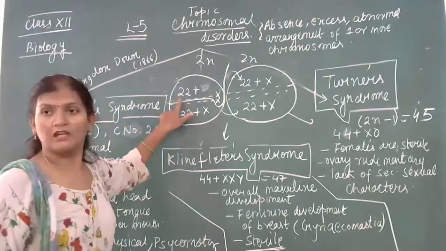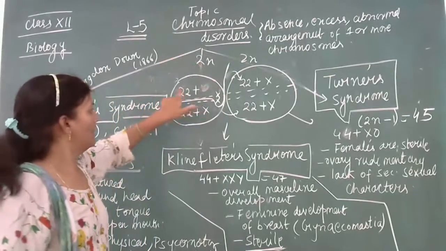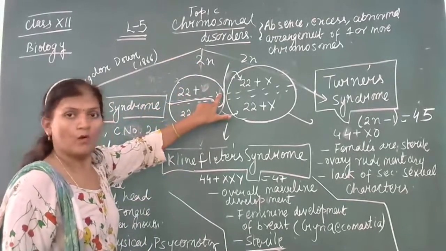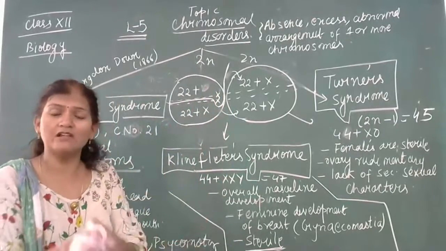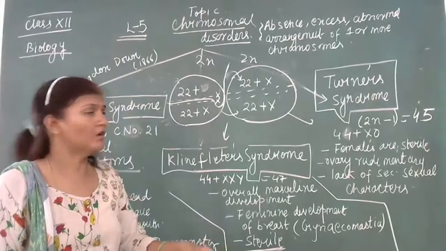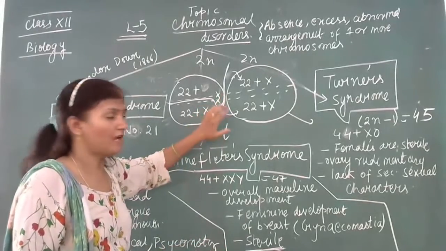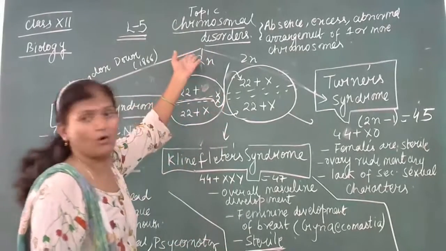Here 22 were going to that pole, and along with the 22, one X was initially going, but along with that there is non-disjunction of the chromosome. This was linked with this, and this has gone along with this.